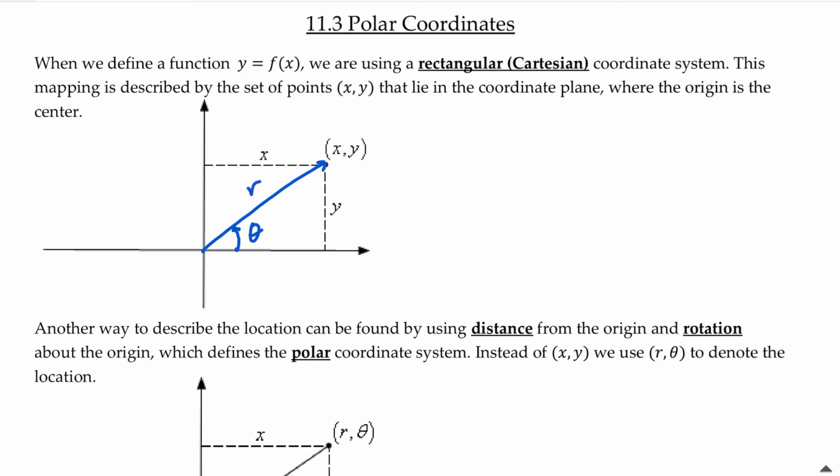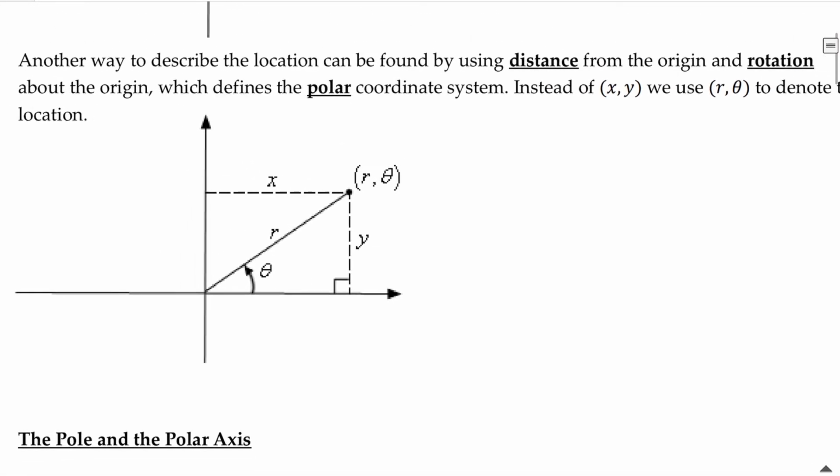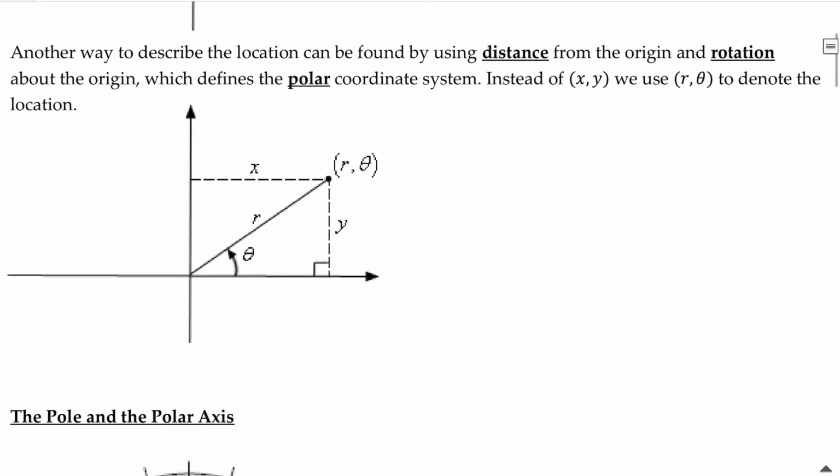Right? So we'll have theta and r describing the way to get to that point. So again, this is just going to be a slightly different representation of still finding the same coordinates through a different method. But what we need then is a way to connect x and y and r and theta. And this we're going to use, again, our kind of basic interpretation of x and y in terms of sines and cosines.